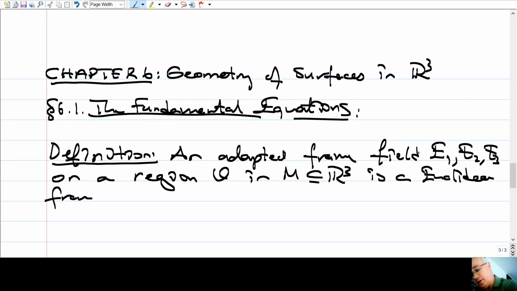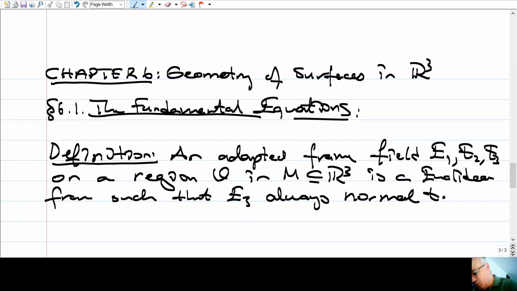So a set of three vector fields which form an orthonormal basis at each point, such that E3 is always normal to the surface.